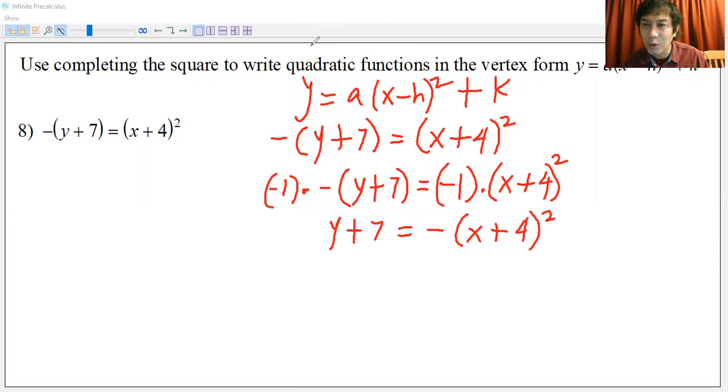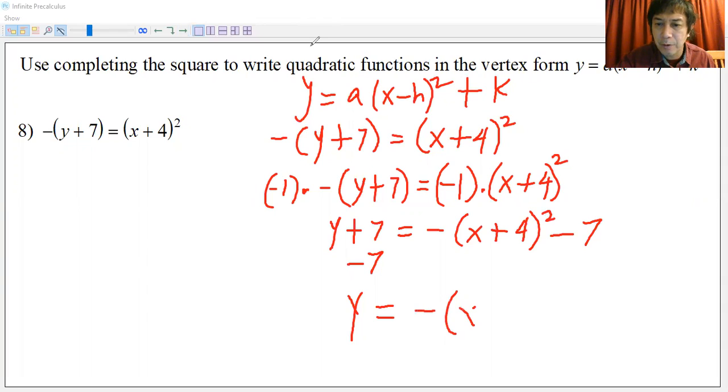It looks like the vertex form already. We only need to move the 7 by way of subtraction. So that's a plus 7; to make it 0, we shall subtract 7 there. And so the final answer is right here now: y is equal to negative x plus 4 squared minus 7.